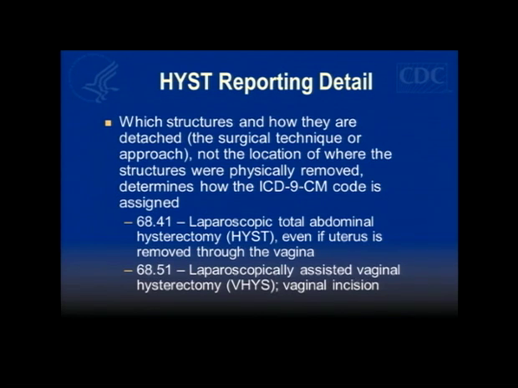If it gets coded as a 68.51, then it's considered a laparoscopically assisted vaginal hysterectomy. And usually that does include a vaginal incision. So this is a coding issue that was vetted at the highest levels.